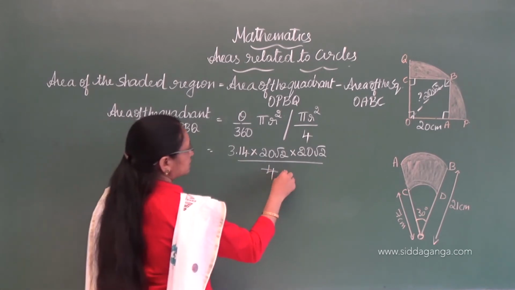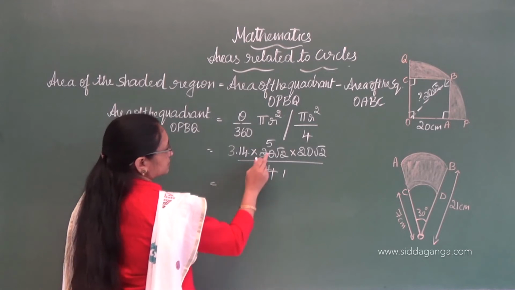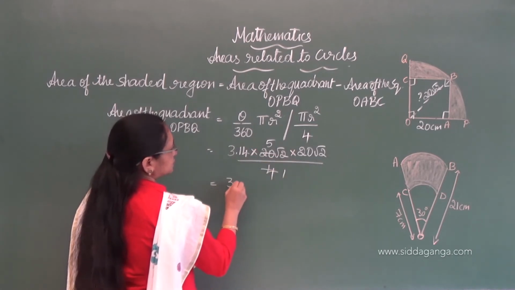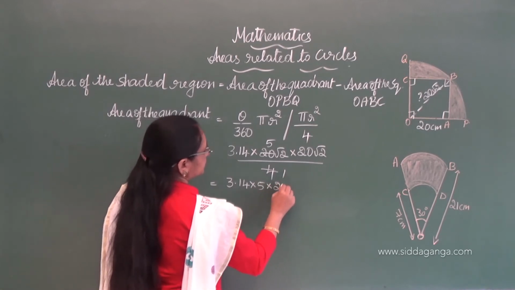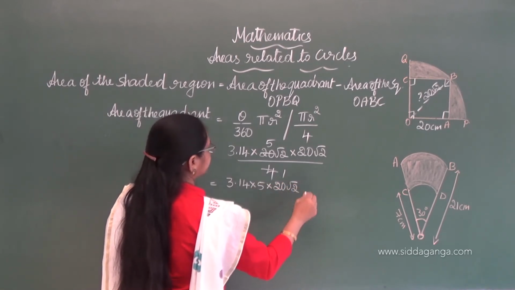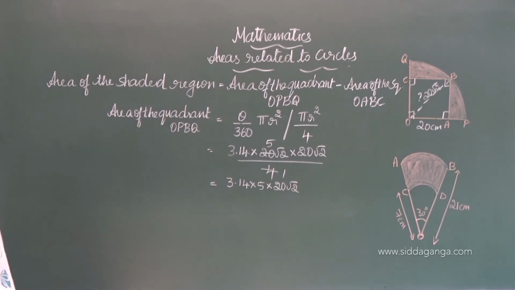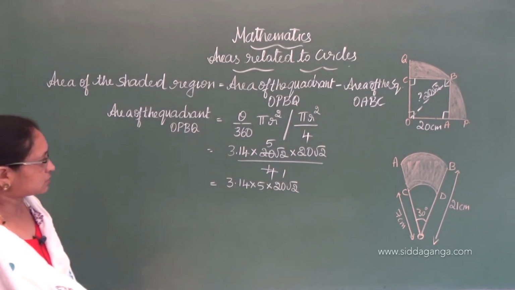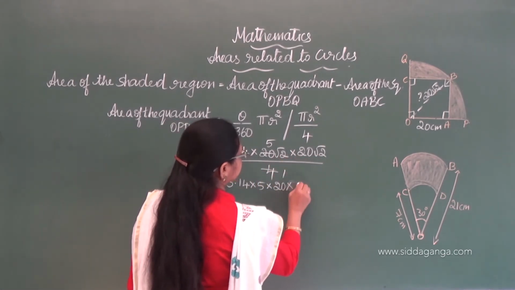Now, 4 fives are 20, so just do this as 5 into 20 root 2. Now, you can calculate root 2 into root 2, which is 2.